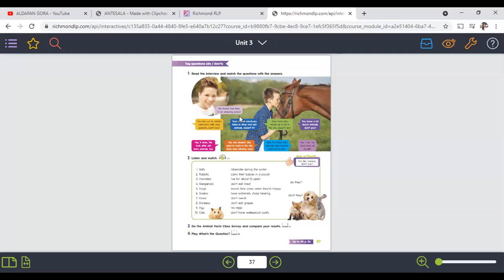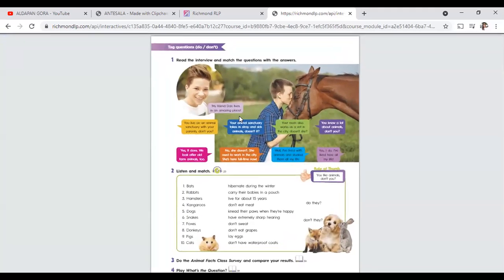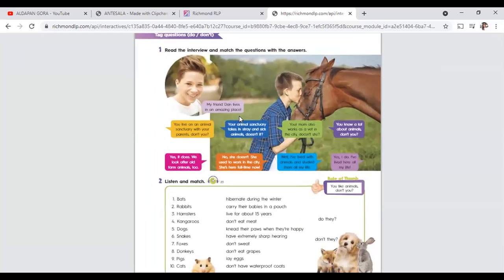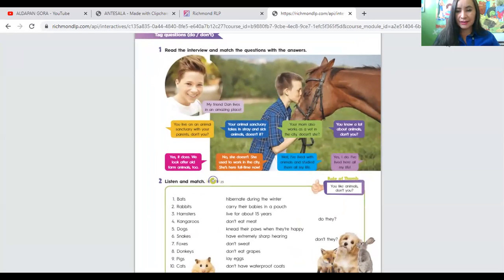Well, remember the content we studied today is the question tags with do and don't. According to this activity, what you have to do is read the interview and match the questions with the answers.